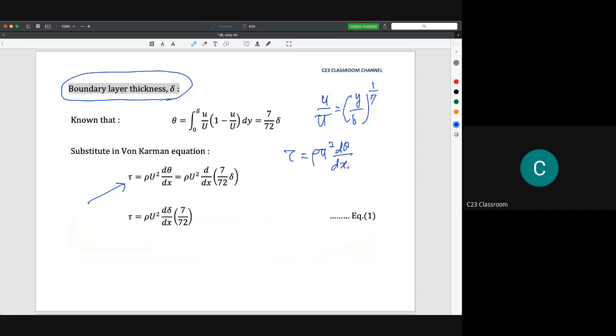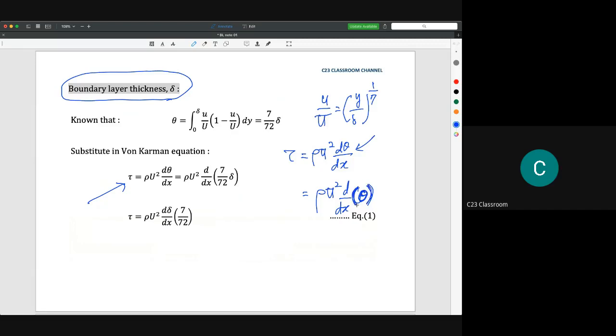And then you are advised to write it like this: rho U squared theta, d over dx for the theta. Sometimes an equation like this can confuse students, so it has the same meaning as d/dx of theta here.